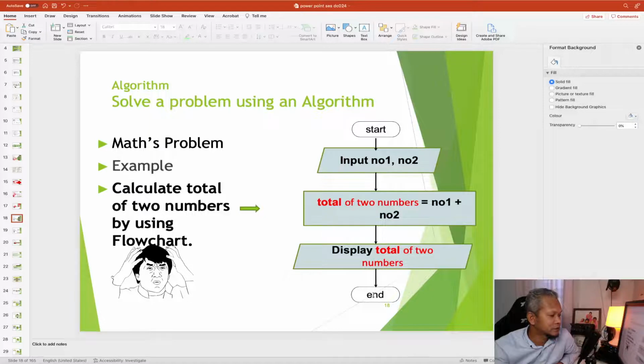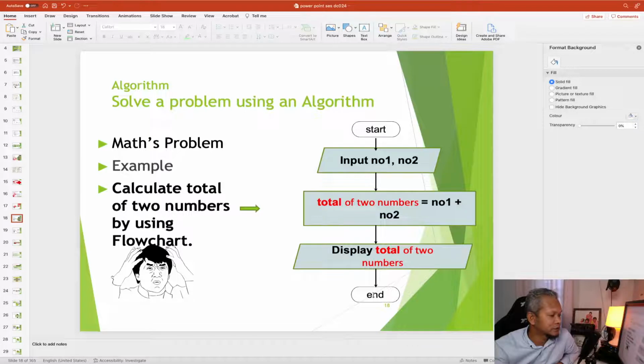Then you need to know what is the input. Maybe you can use enter, put, get, input, read. So you can use any word to represent the input, to get the input into the computer memory. So enter is the word for the input. And then you write the note here, calculate area of rectangle.